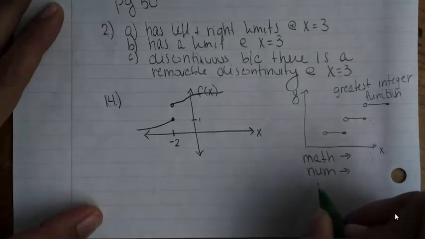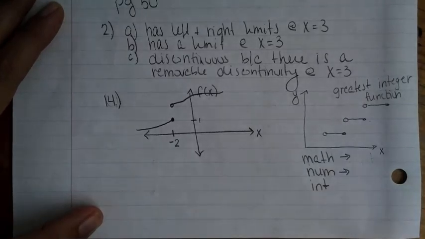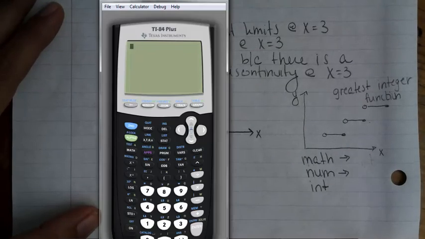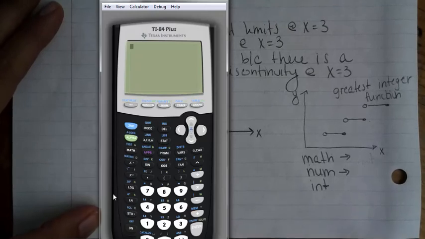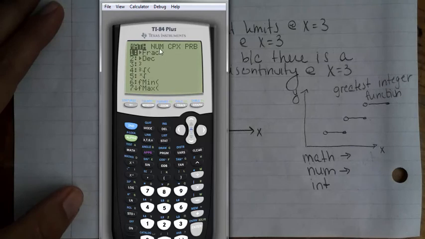And from there you go to int. So let me show you. I've got my Wabbit menu up here. Okay, hopefully we can see this. So you go to your math button. Then you want to go over here to num. And then number 5 is int.